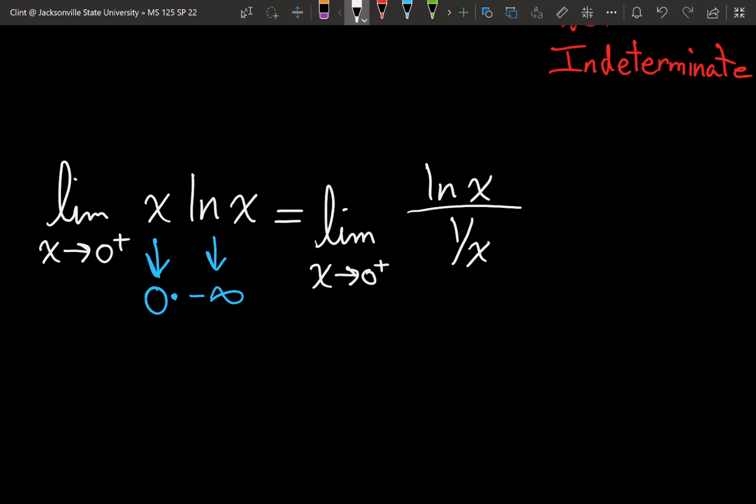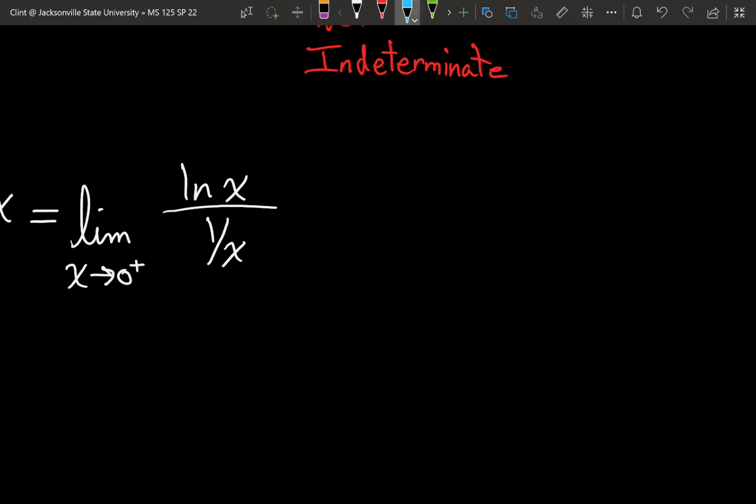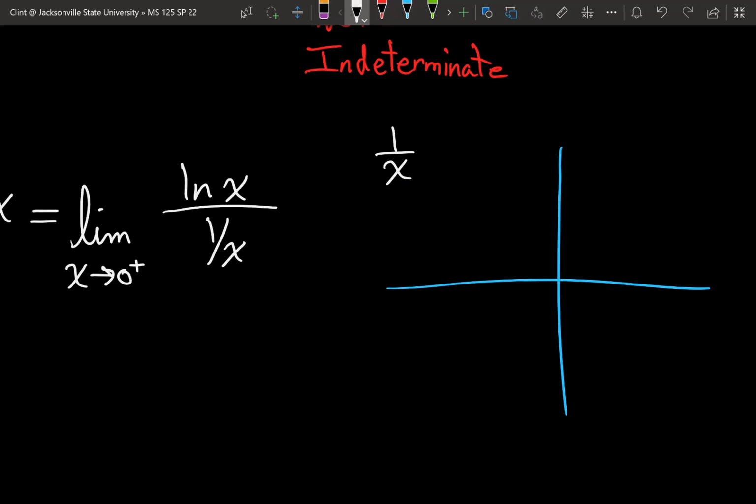So now, as we approach 0 from the right, we said the top's going to go to negative infinity. That hasn't changed. Then what's happening on the bottom? 1 over x. As we go towards 0, what's happening to 1 over x? What's that graph look like?